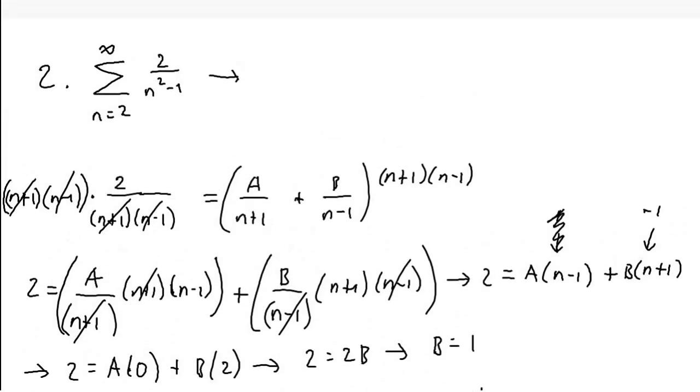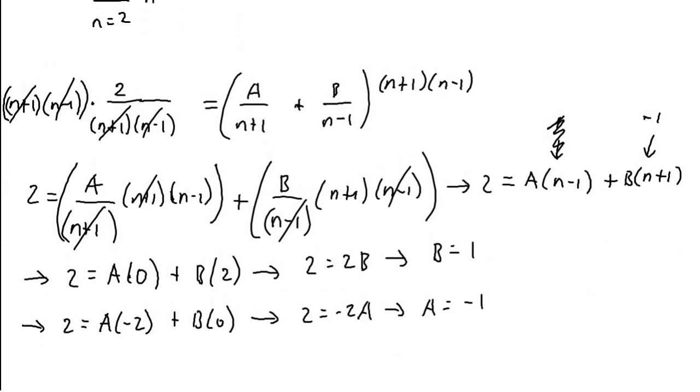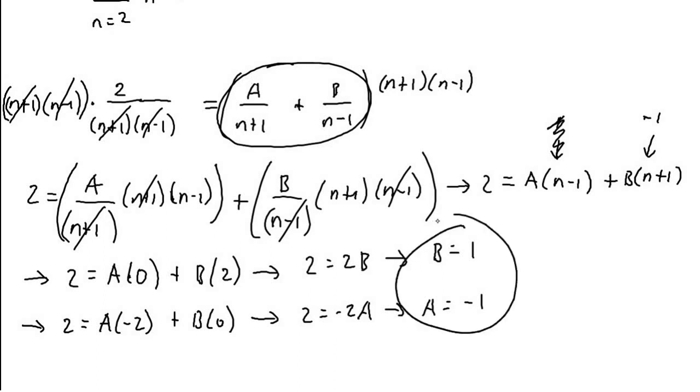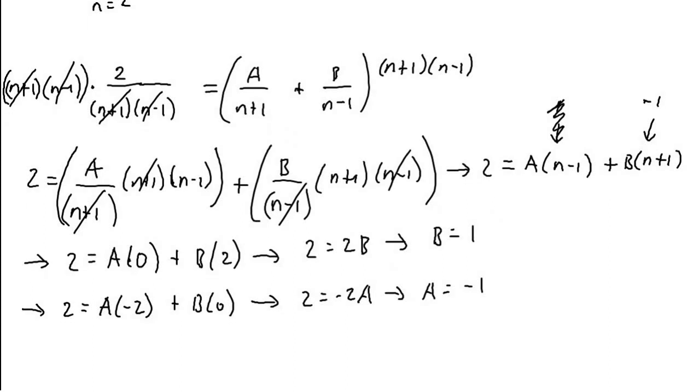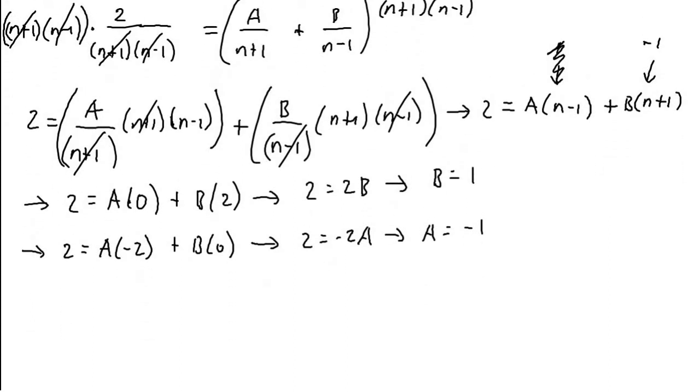So now I can go back up to the partial fraction, a over n plus 1 plus b over n minus 1, and substitute my values in. We'll get negative 1 over n plus 1 plus b, which is equal to 1, so 1 over n minus 1.